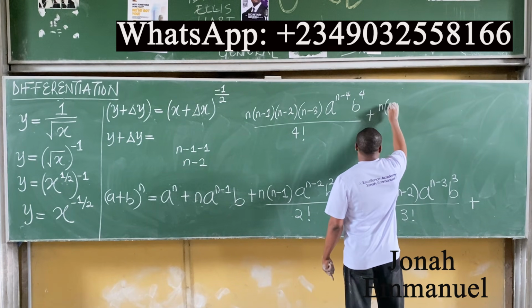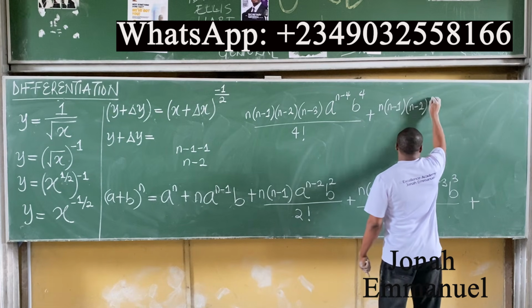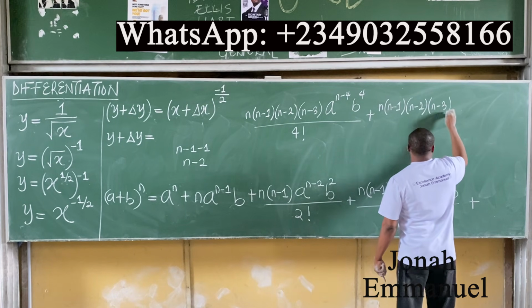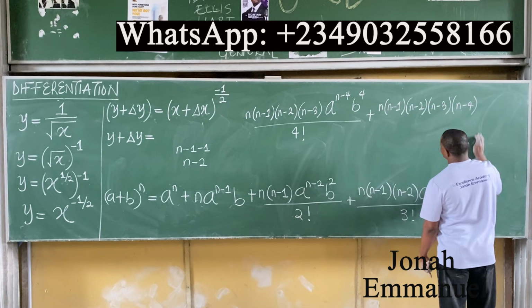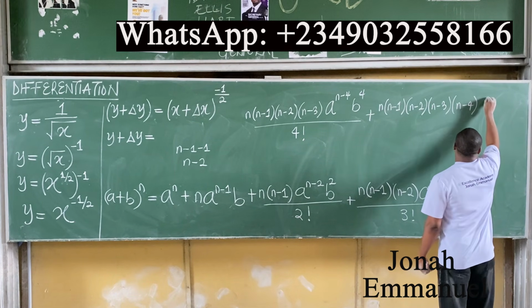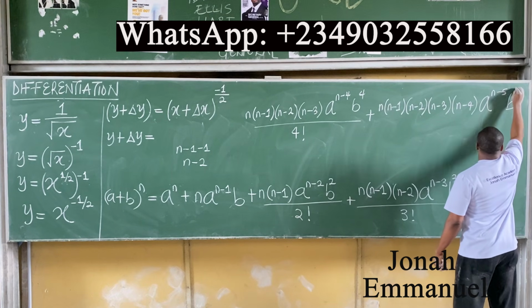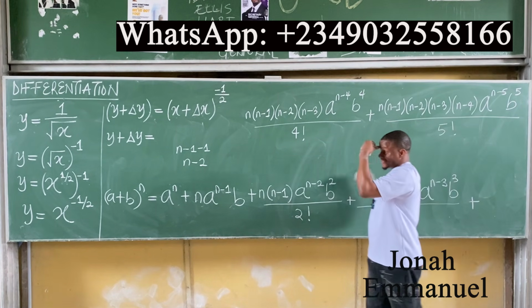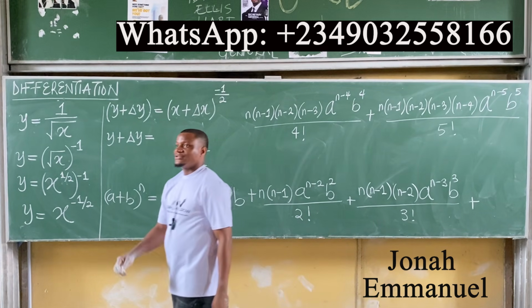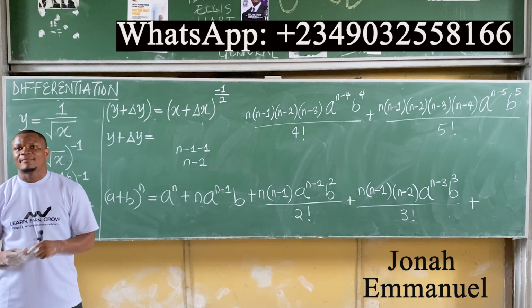N into, into, this was the n minus 5. A to power what there? Into, all over. It's not as hard as you think. If you know it, it's a pattern. Understand it. It's not hard, it's a pattern.